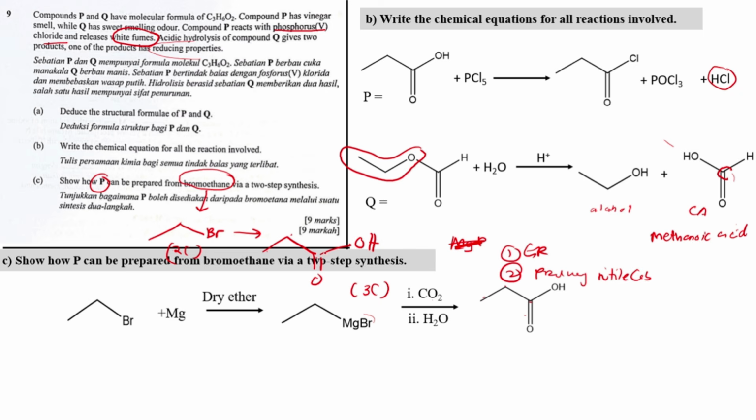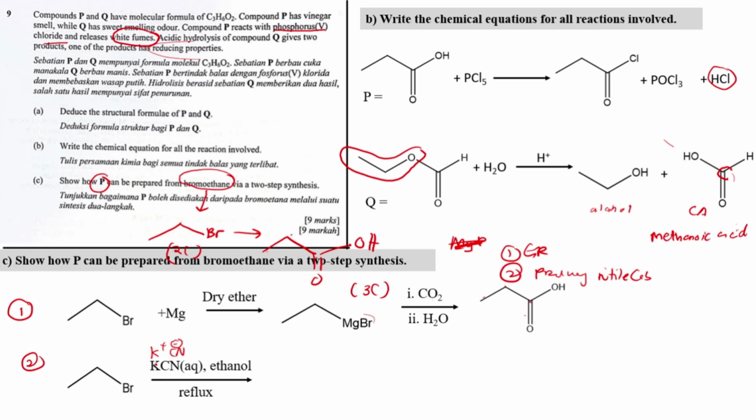The other way, okay, this is the first way. The second way, you can also use a nitrile compound. So you're starting from the haloalkane, and then you're going to react with KCN in aqueous ethanol under reflux condition. So it will undergo nucleophilic substitution, where Br here will be replaced by CN, from CN minus.